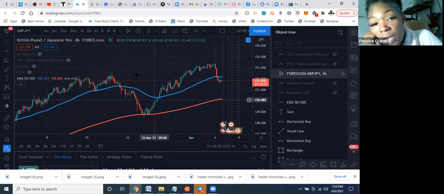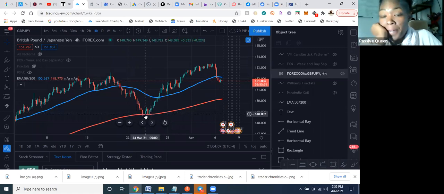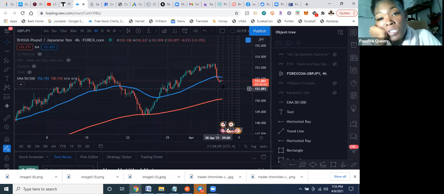But as you can see right here, and I'm just saying this off a higher time frame, she rejected this area 1, 2, 3, 4, 5 times. So she may be just coming back to retest that. That's my theory, to keep going up.